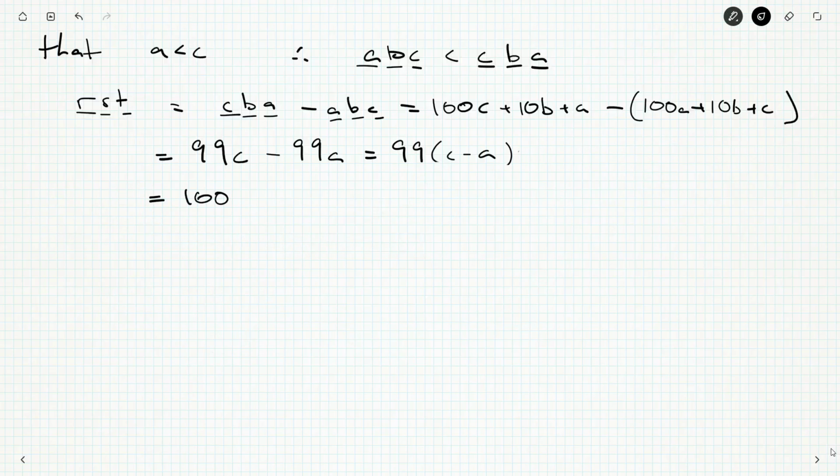Well, that's the same as 100(C minus A) minus (C minus A), and the first part is going to be an actual digit, because C is greater than A, and C is at most 9, and A is at least 0. Now, the minus (C minus A) isn't the best thing for us. Well, hold on, no, this isn't what I want.